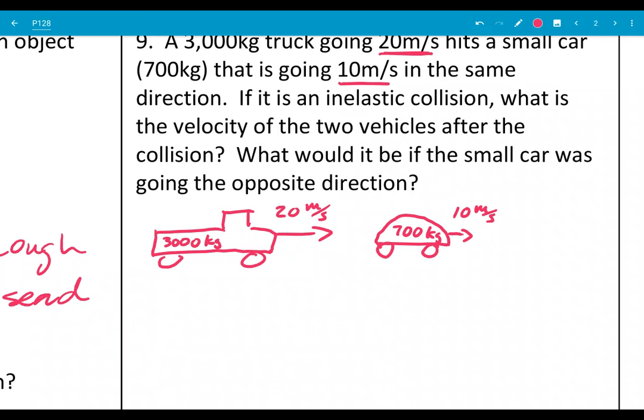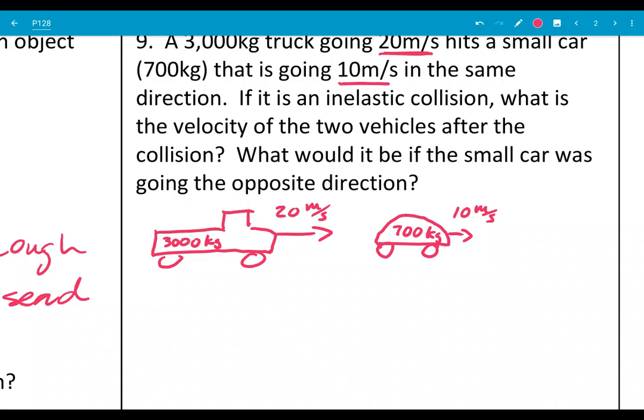After the collision, if it is an inelastic collision, meaning they stick together, what is the velocity of the two vehicles after the collision? The important thing is, in collisions, momentum is conserved. Kinetic energy is not conserved, because in an inelastic collision the things that collide may change shape, and changing shape takes energy.